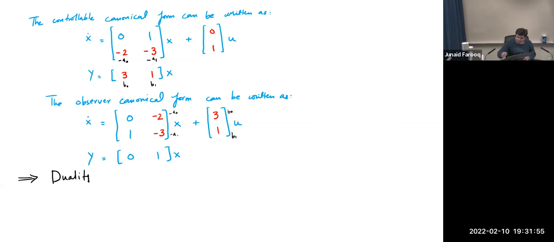So they are kind of dual of each other. So, duality between controllability and observability.